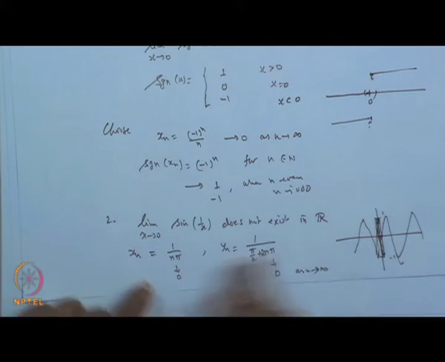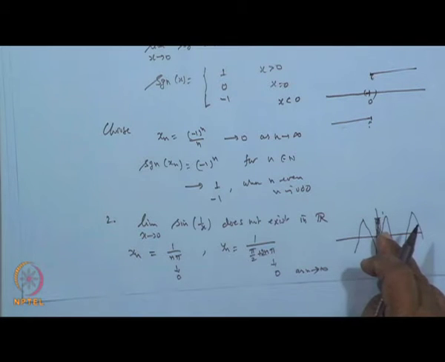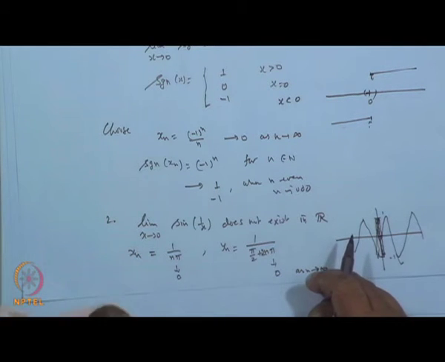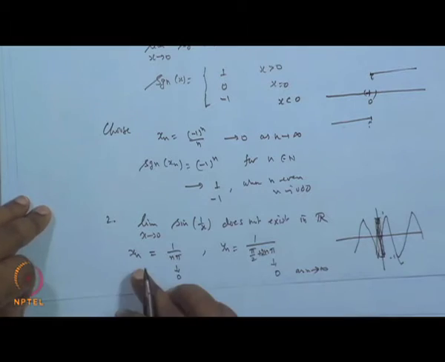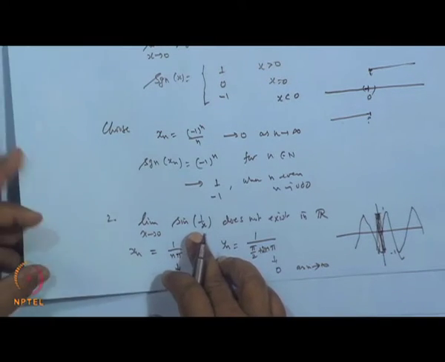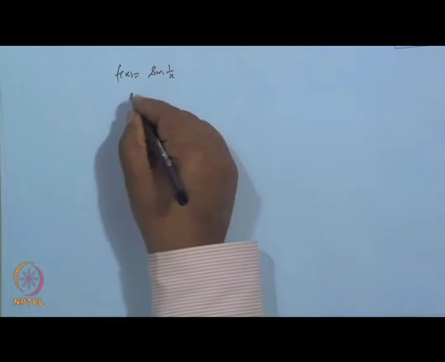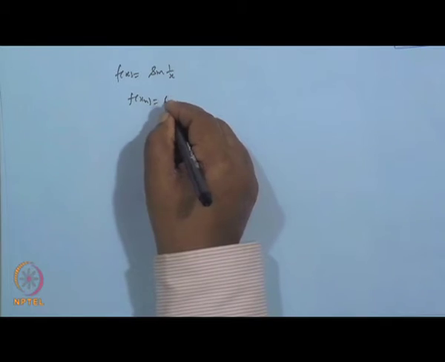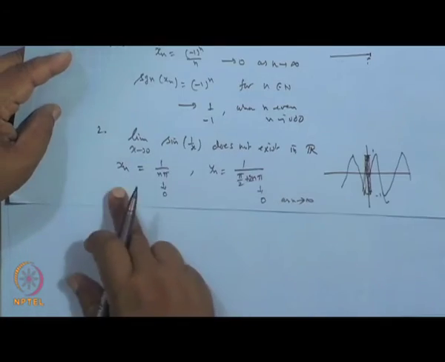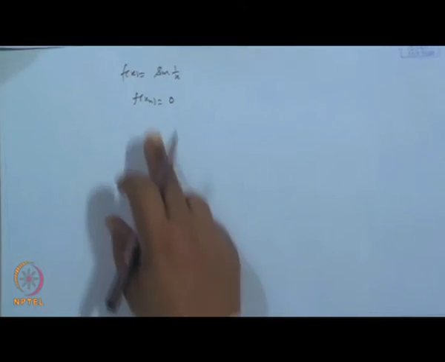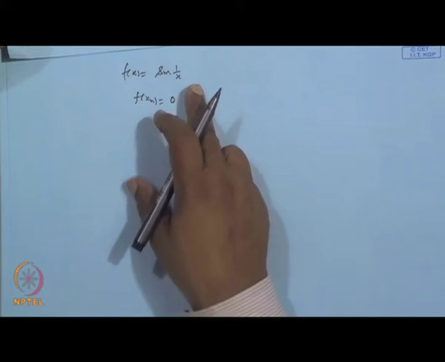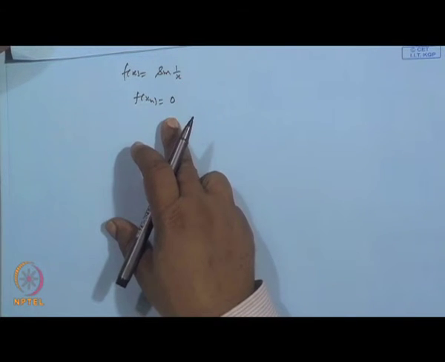So these sequences are converging towards 0, that is, mod of x n minus 0 is less than delta. Now for this sequence, what is f of x n? f x is sin 1 by x. f of x n is 0, because when x n is 1 upon n pi, the corresponding sine of n pi, an integral multiple of pi, is 0.